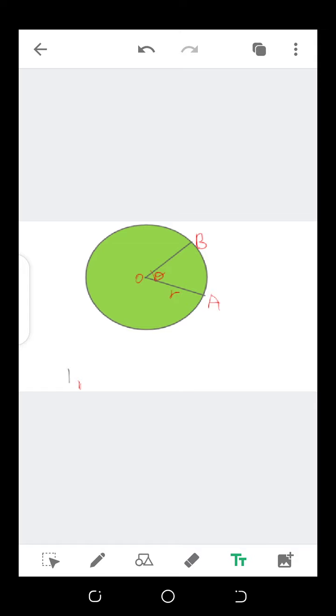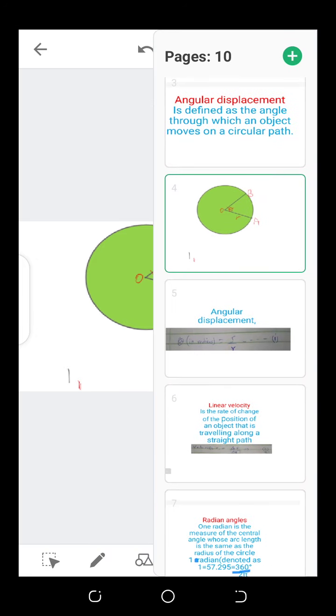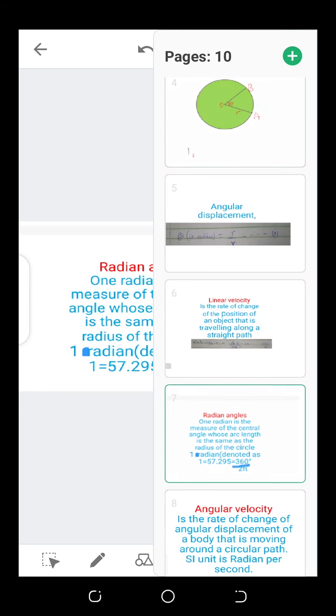Now, 360 you divide by 2 pi, it is just 1 radian.